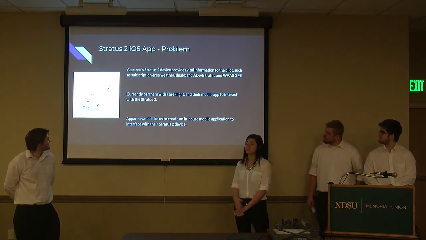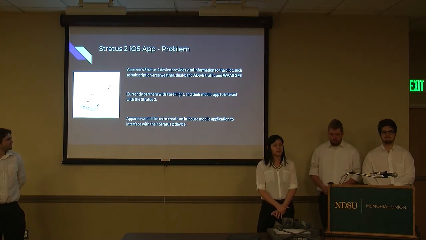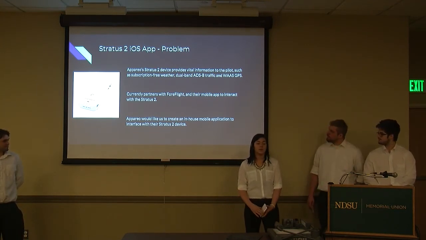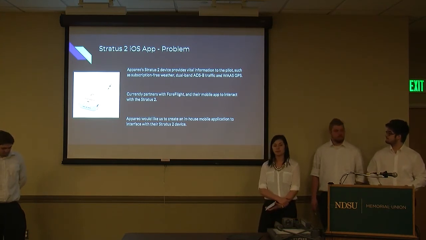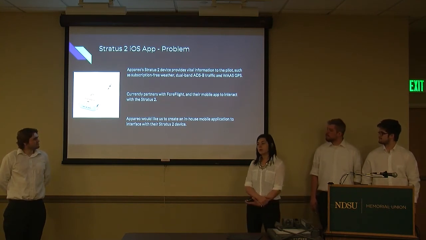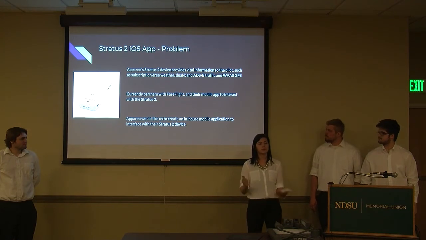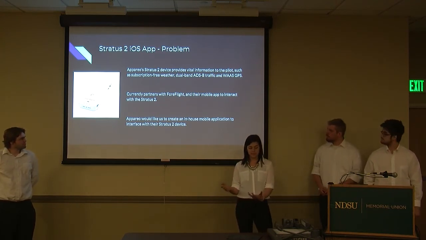There's no screen or anything, so there's no way for the Stratus to relay that information back to the pilot. So that's why they require a mobile application to do that for them. Right now, they partner with ForeFlight, who has a third-party application. But for Apereo, that means that they have less control, and it's also going to be longer between updates to the Stratus to reflect updates to the app.